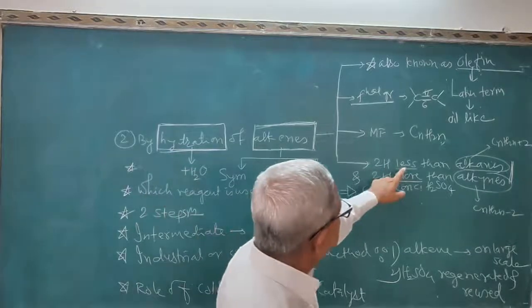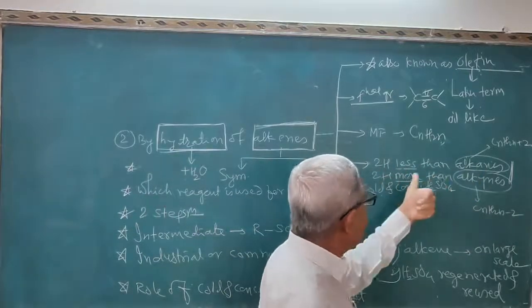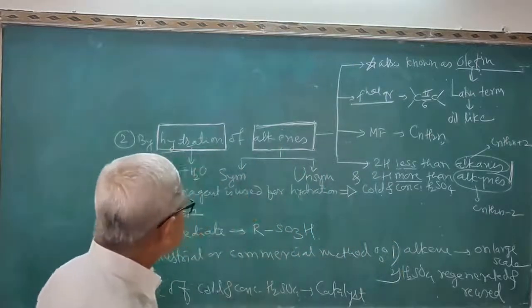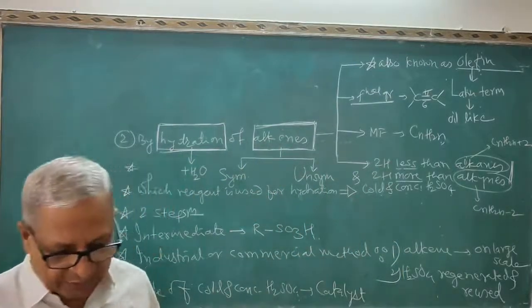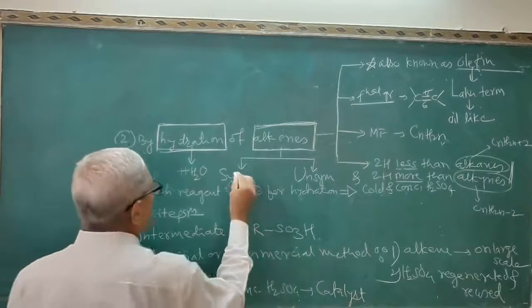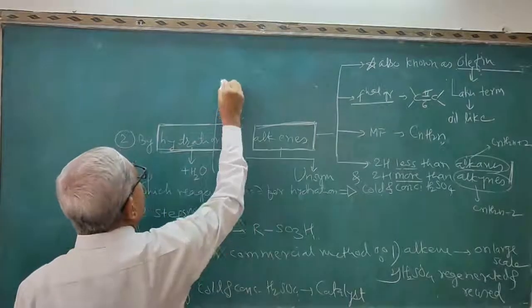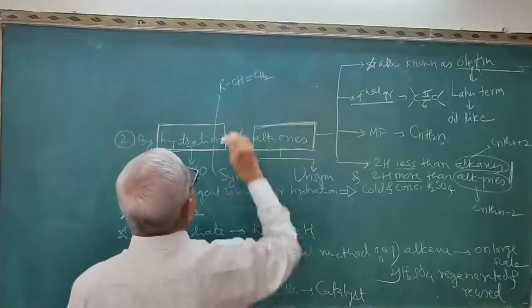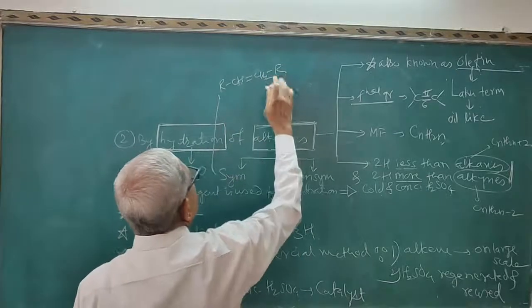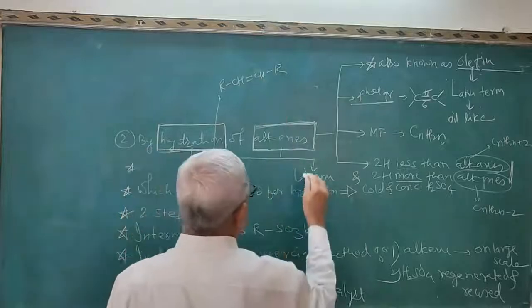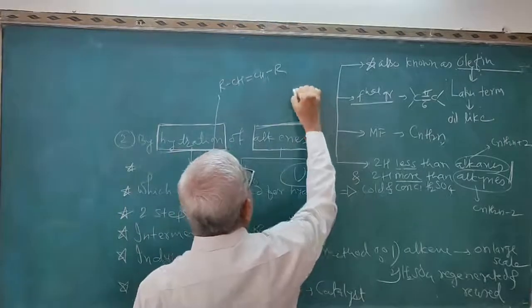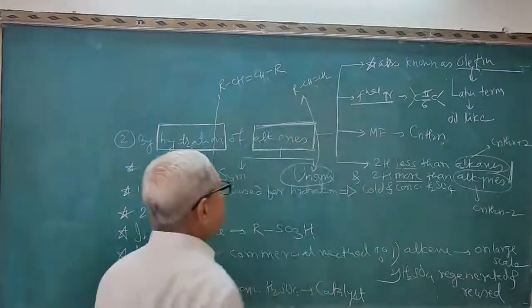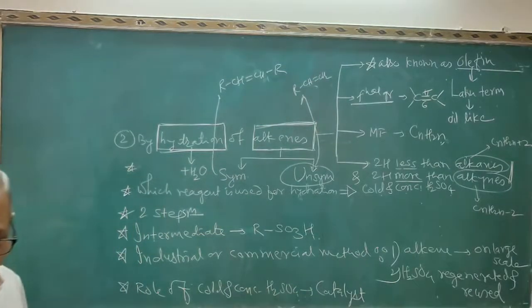It contains two hydrogens less than alkanes and two hydrogens more than alkynes. Alkenes are of two types: symmetrical and unsymmetrical. Symmetrical alkenes are represented by RCH=CHR. Unsymmetrical alkenes are represented by RCH=CH2. So these are the points here.